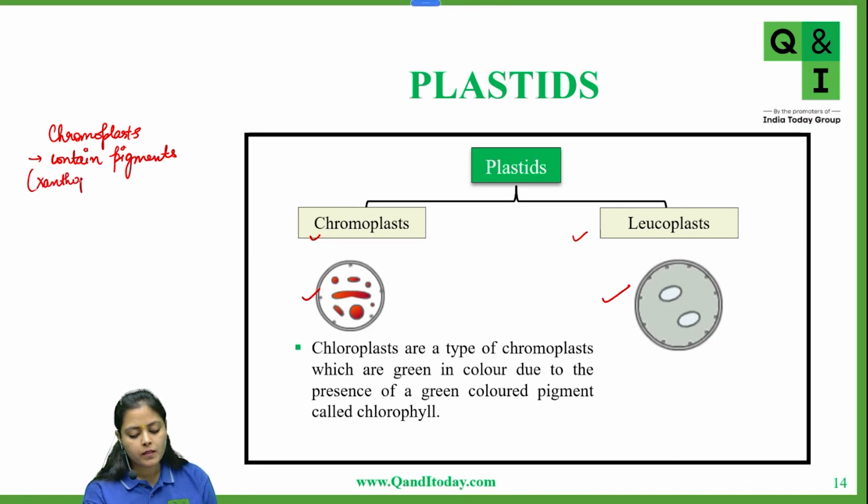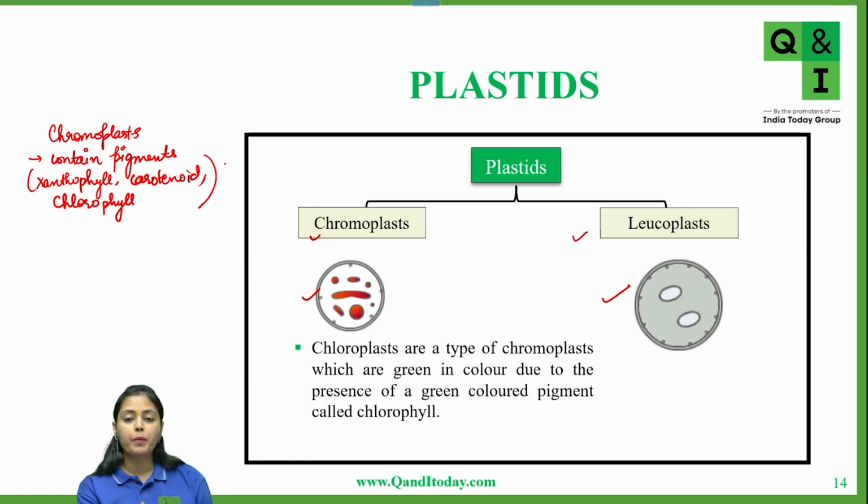For example, xanthophyll, carotenoid, chlorophyll. These are the various types of pigments which can be present in chromoplasts. Depending on the type of pigment, the plant leaves would be differently colored.